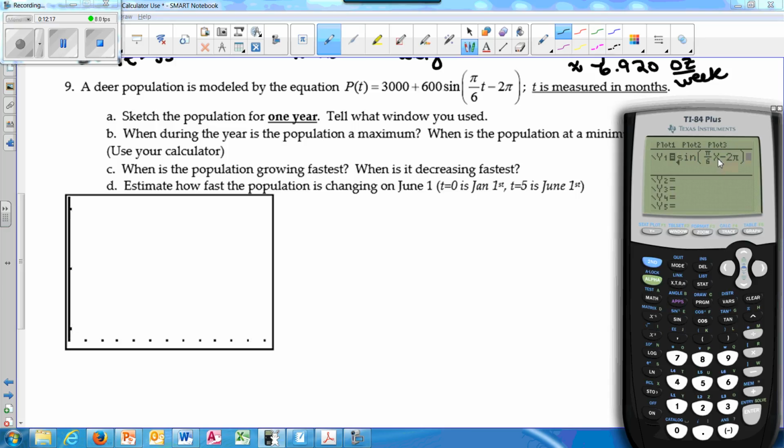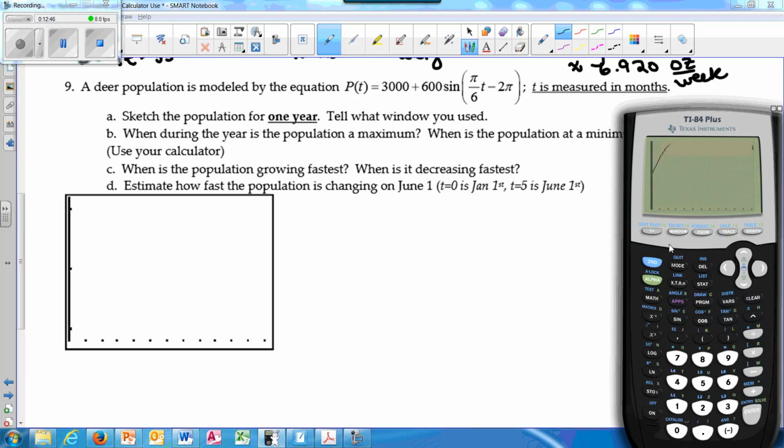If I go back up, if I want to see the whole thing, I'd hit second to the right, and I can see the rest of it. So that was the second button to the right, pi over 6x minus 2 pi. Now I want to graph this on an appropriate window. We're doing the deer population in months for 1 year. That means I want my window to be from time 0 to time 12, because 12 months in a year.